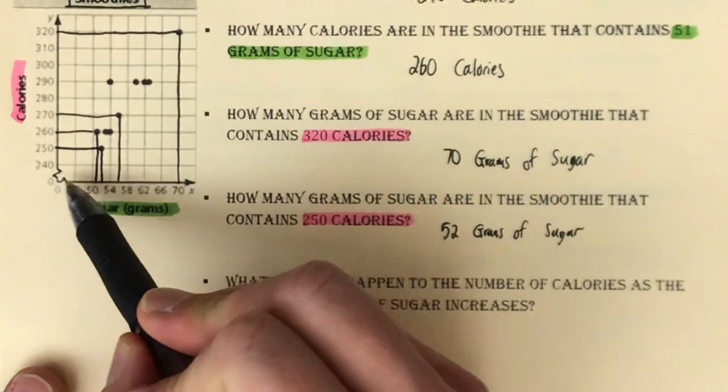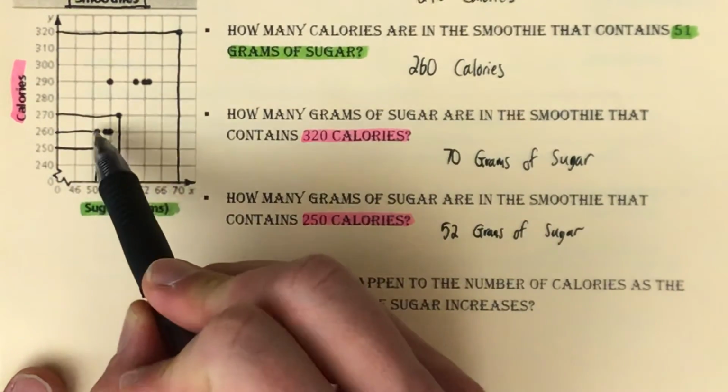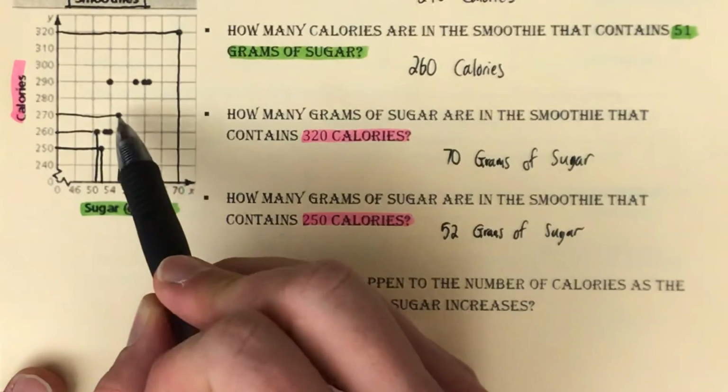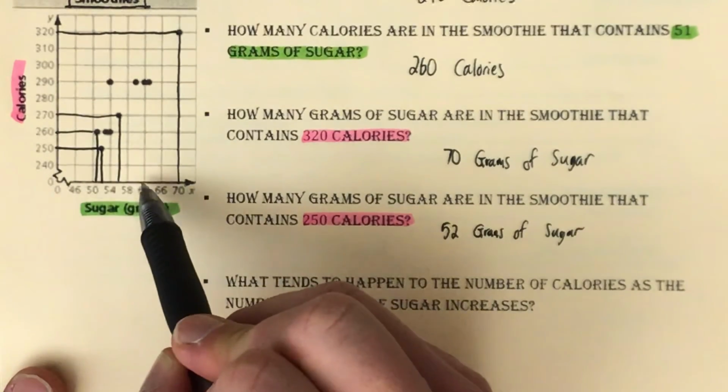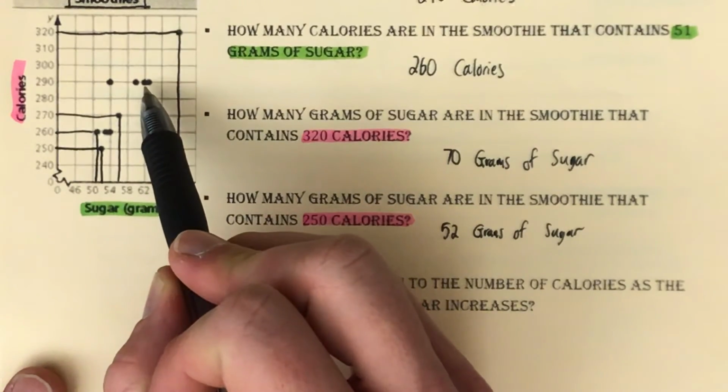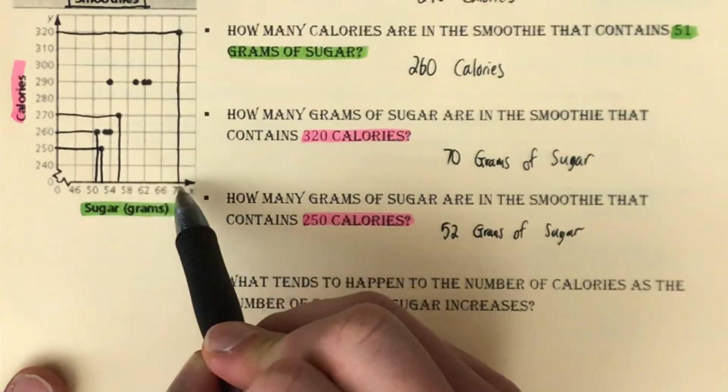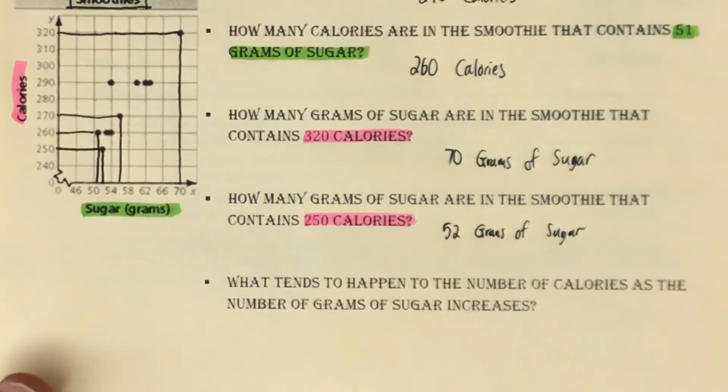Well, I noticed here when I move just a little bit, it goes up. When I move a little bit more, it goes a little higher up. When I move a little bit more, it goes a little bit higher up even. And when I move even a little bit more, it goes even higher. So what I'm noticing when I look at that is that when the grams of sugar increase, the calories also increase.